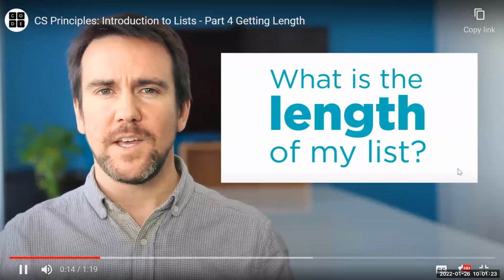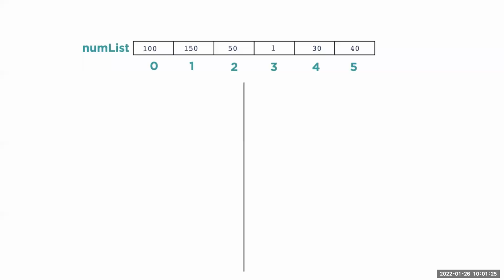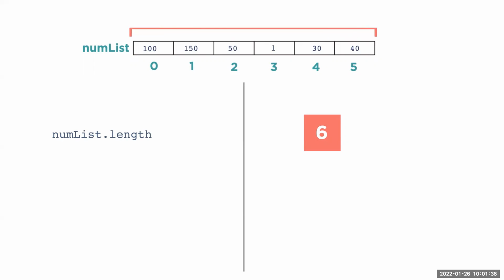One of the benefits of lists is that their length can grow and shrink over the course of a program. But that means it can be useful to find the length of a list at a given point in time. You can get the length for a list like this: numlist.length. When your program runs, the computer will replace this with the current length of the list. In this case, the length of the list is 6.